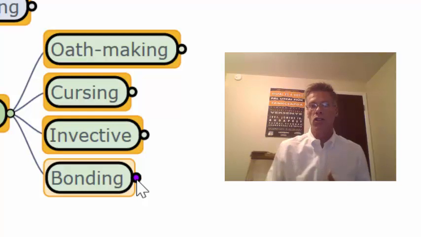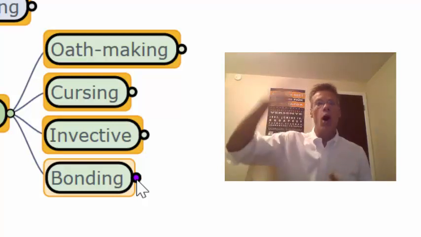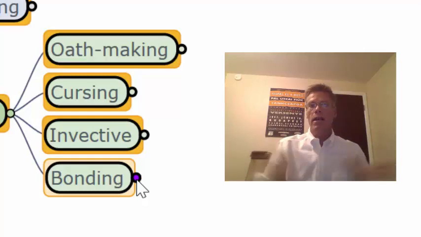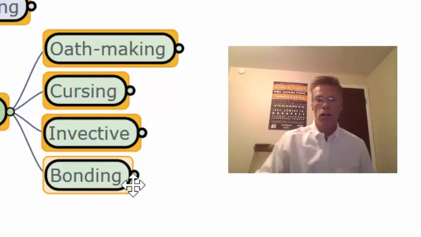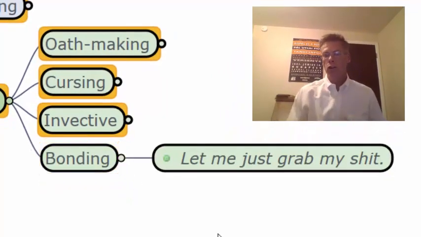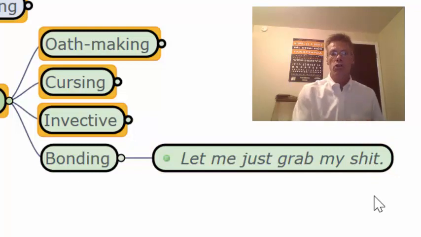And in fact, there's research that suggests that when people in a workplace swear with each other, especially people who are on the same level, not bosses swearing at their employees, but the cohort of employees swearing with each other, tends to make the work environment tighter, where the people feel like they're closer to their colleagues. So for example, if you're with a friend and you say, hey, let me just grab my shit, the choice of using this taboo word shit establishes the close relationship that you have with that friend.